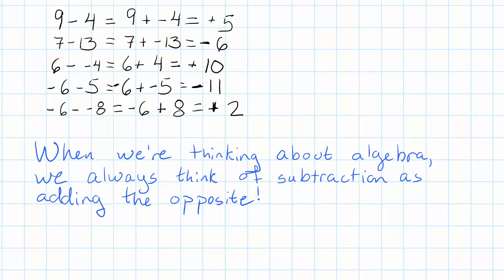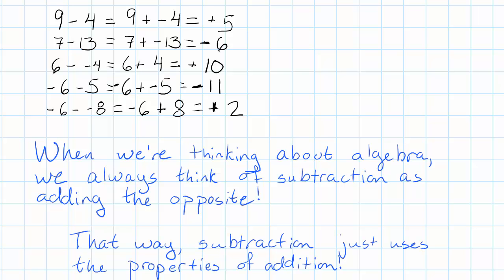Why do we want to do that? Well, because that way subtraction just uses the properties of addition. We don't need to learn any extra properties of subtraction because we get all of the properties of addition by way of thinking of subtraction as adding the opposite.